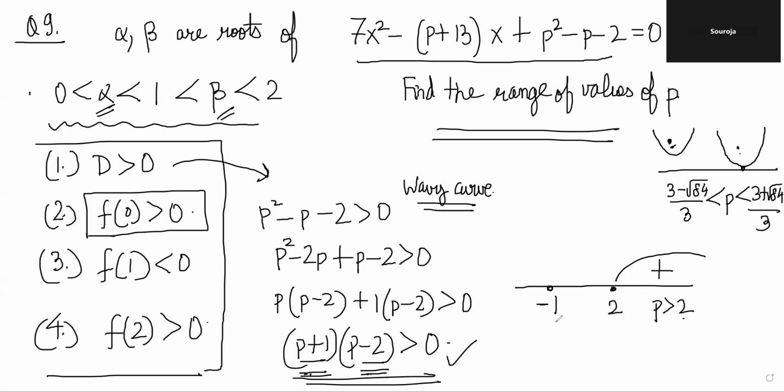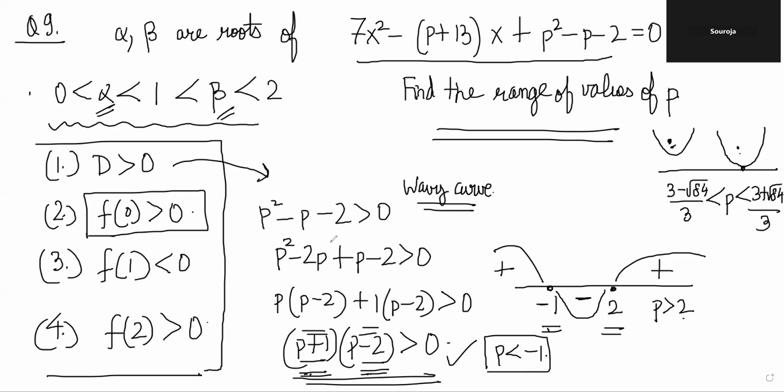But in the middle, one of them is positive, but the other one is negative. So p cannot lie between -1 and 2, right? And in the other case, p is less than -1, right? Because in that case, both are negative, which makes the overall thing positive.